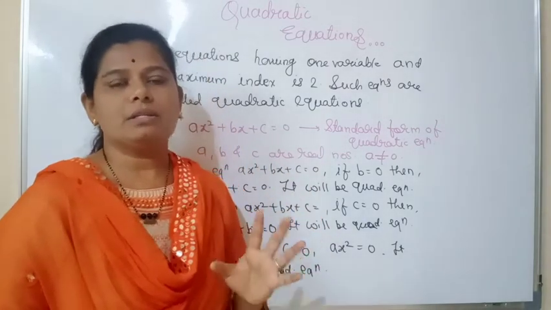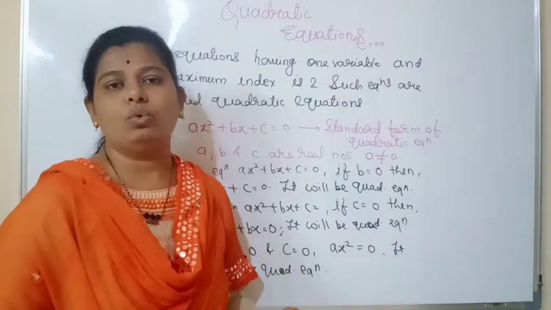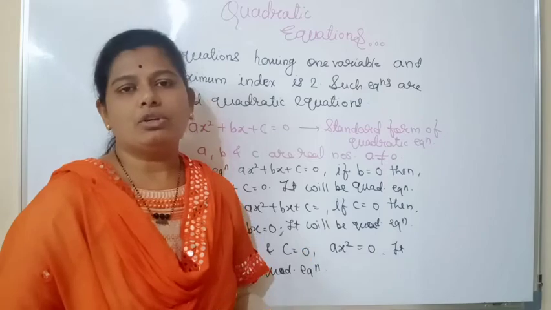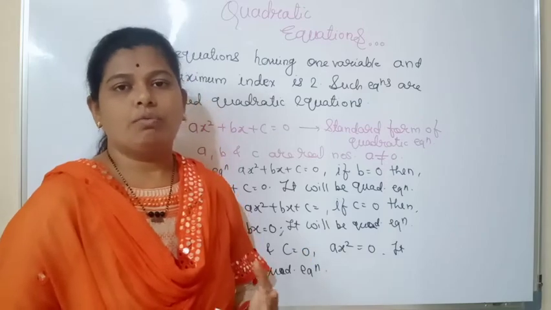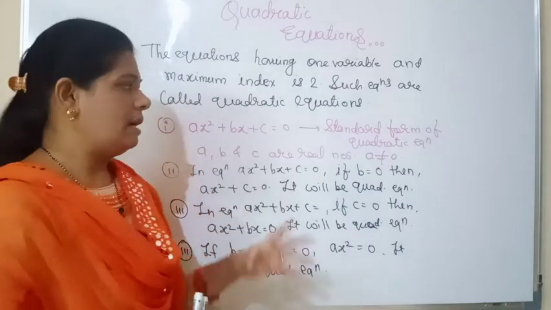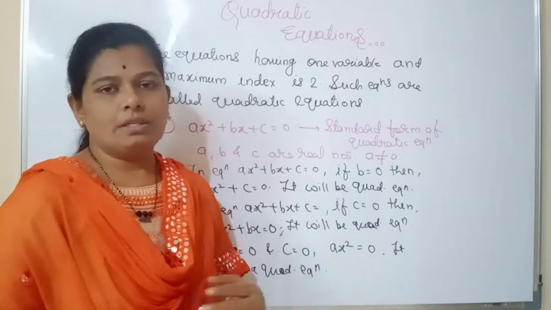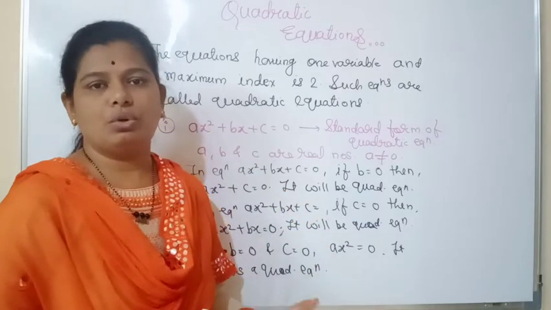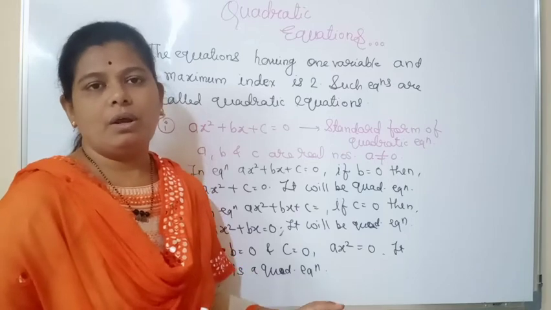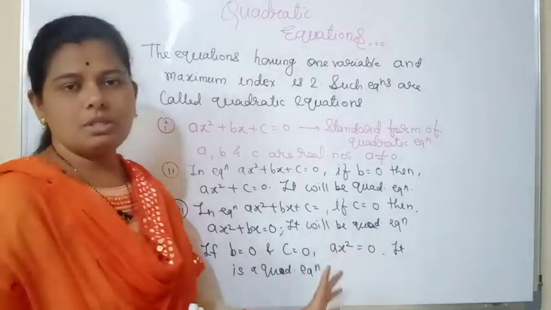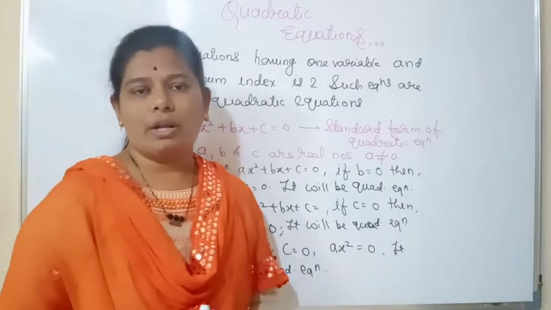In that case, the degree of the equation is not 2 but 1, and if the degree is 1, then it is not a quadratic equation. So the value of a should never be 0. It doesn't matter if b or c is 0, no problem, except a should not be 0. So this is the introduction of the quadratic equation.